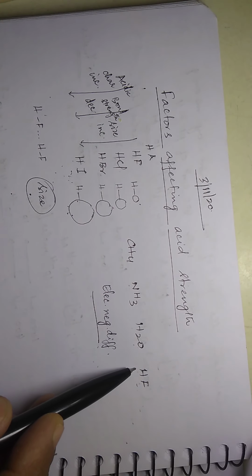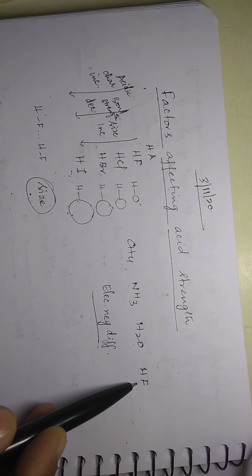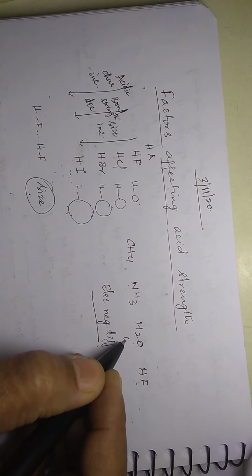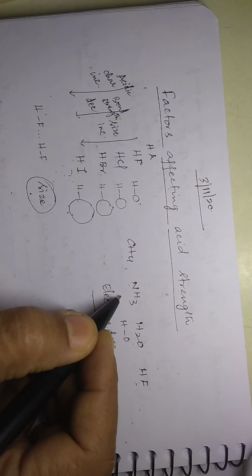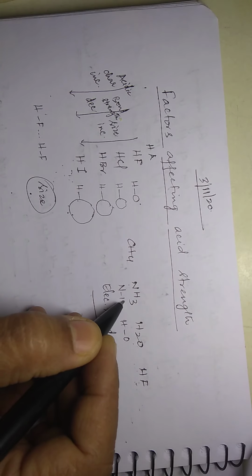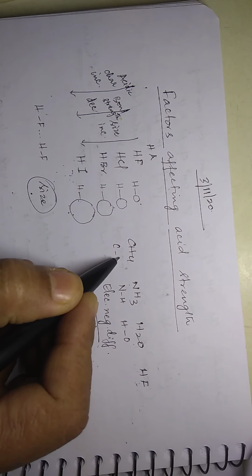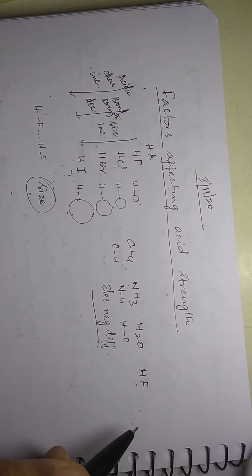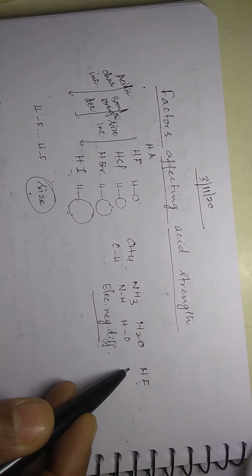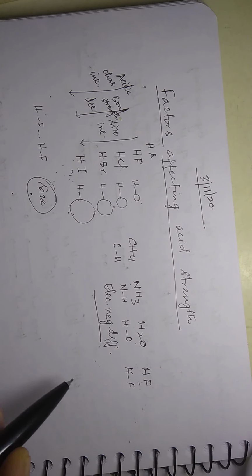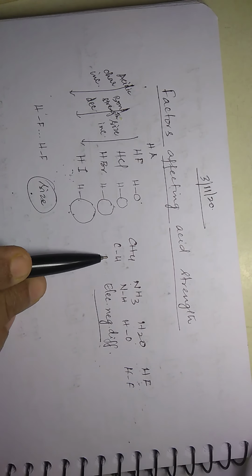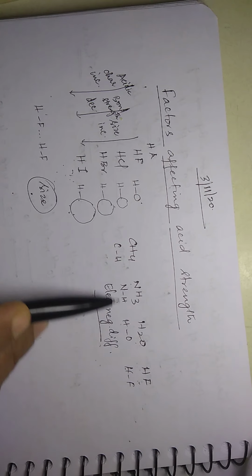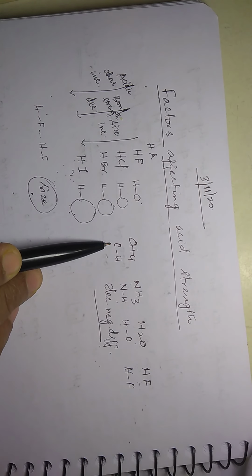Now see here the electronegativity difference between hydrogen and F, and here it is O and H. Here it is N and H, and here it is C and H. Here it is H and F, right? Now what you find here, hydrogen is common in each case, but look at the atom that is attached to it.